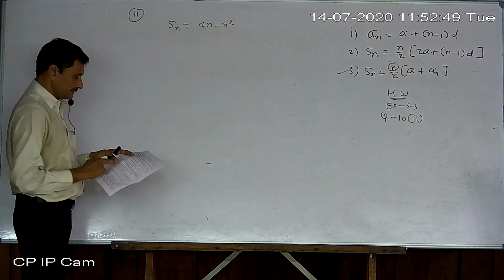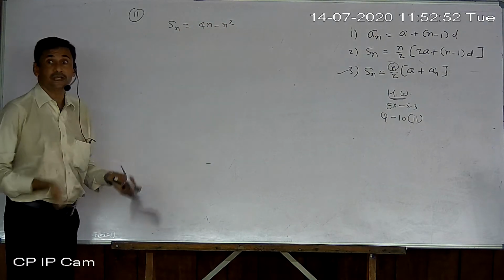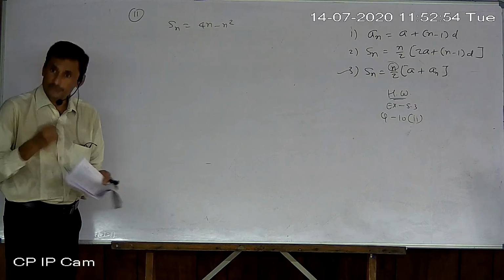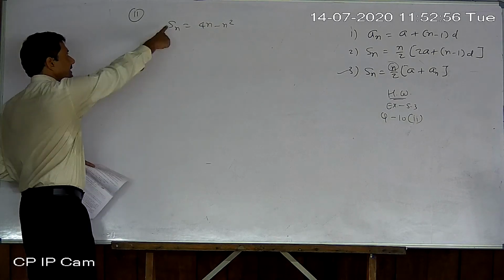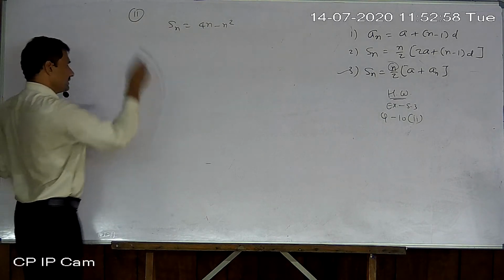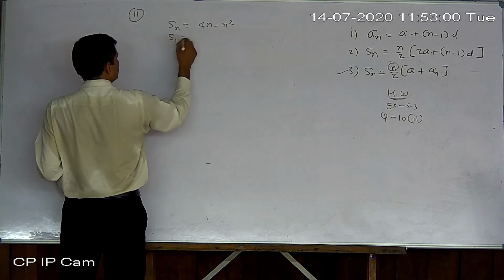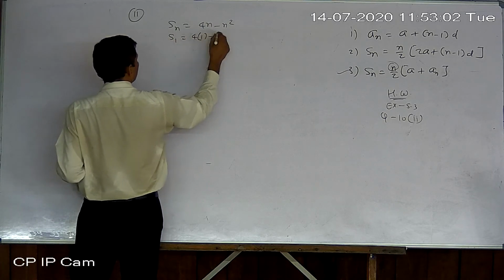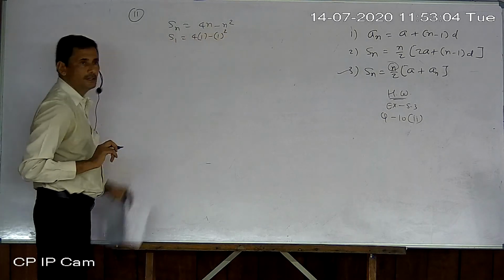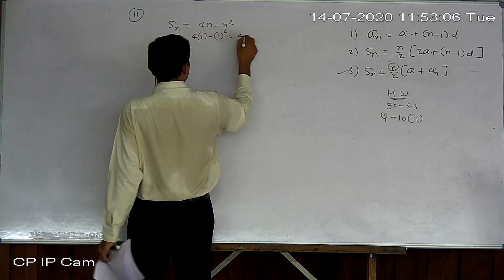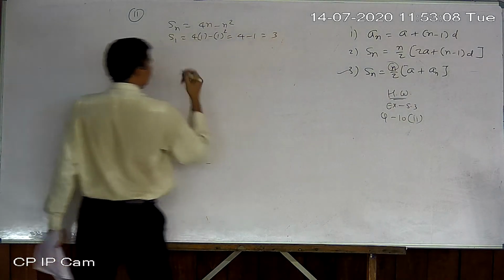Why is Sn given? Sum of first n terms means Sn only. Now write down S1 by placing 1 in the place of n. So it will be 4 into 1 minus 1, which is 3.